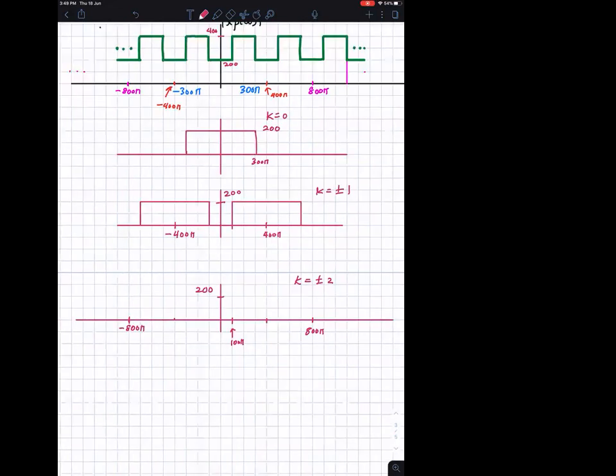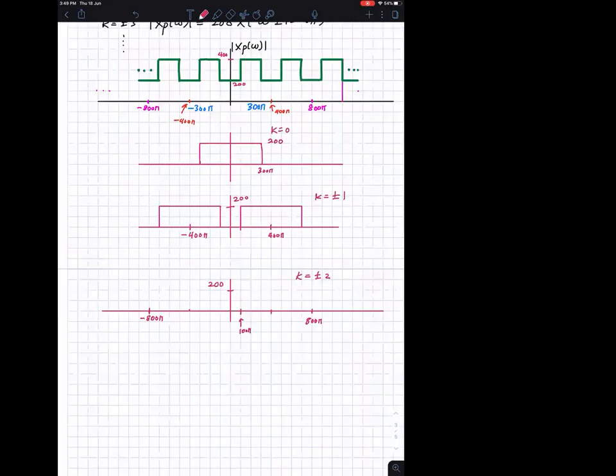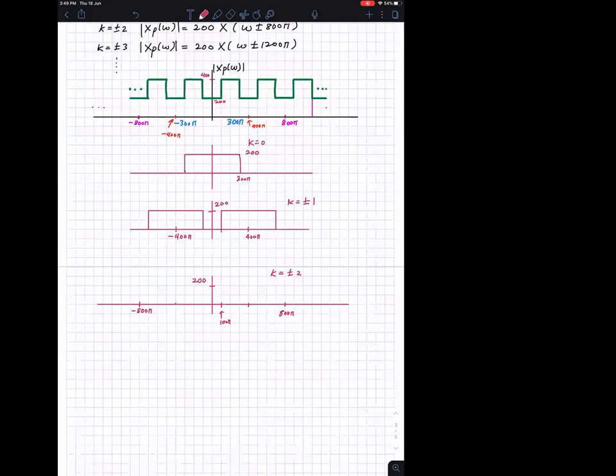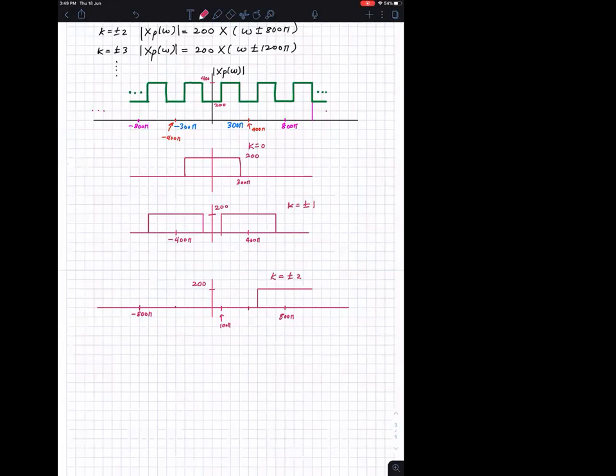So now you copy the spectrum over to plus minus 800 pi. Is that okay so far?